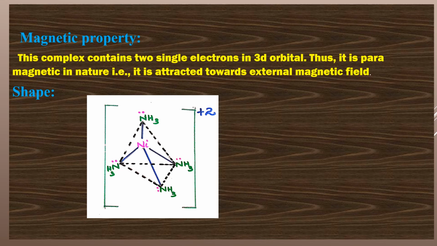Students, understood? These are all the points under tetrahedral complexes, the first type of complexes of coordination number 4. Tetrahedral complexes are those in which the central metal ion is involved in sp3 hybridization.